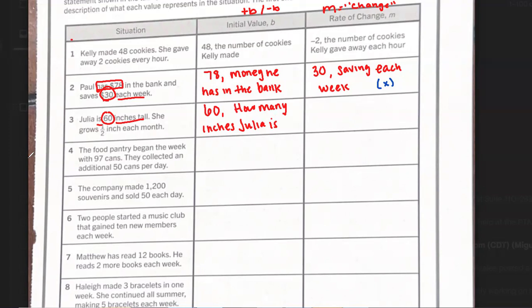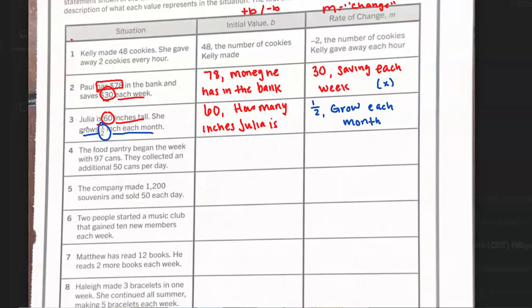She grows, right? She's growing 1/2 each month. So our second number is 1/2. This is how much it grows each month. Okay, see what we're doing?